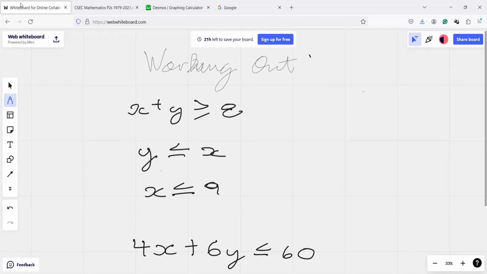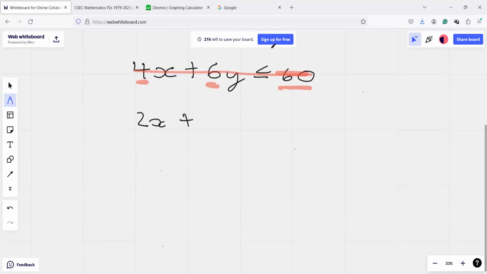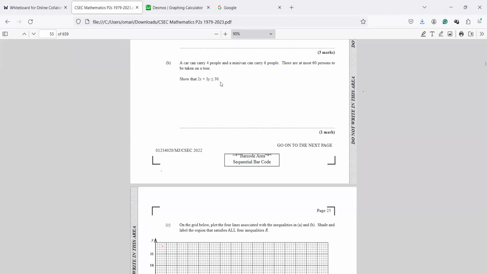When we look at this, the numbers 4, 6, and 60 are all even, so we can divide by 2. 4x divided by 2 gives us 2x, plus 6y divided by 2 gives us 3y, and 60 divided by 2 gives us 30. And that was what they asked us to show.